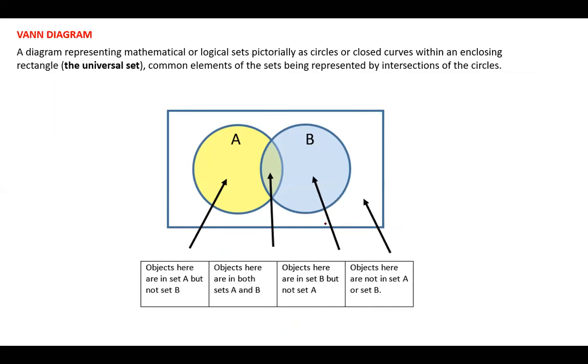Within this picture we have two circles, A and B, and as you can see, they are all labeled here.